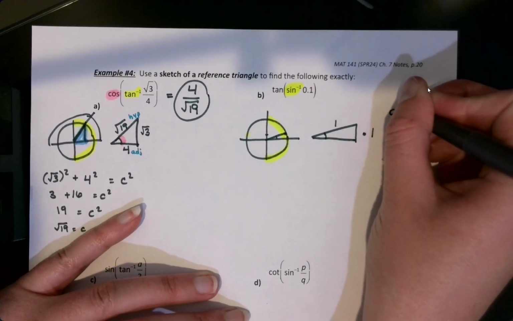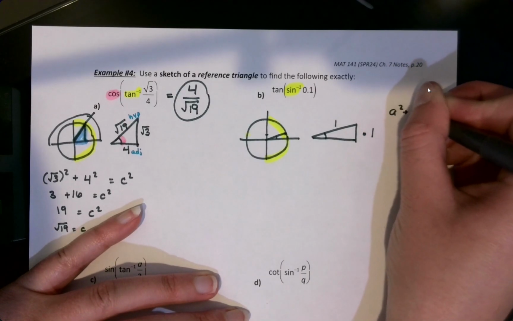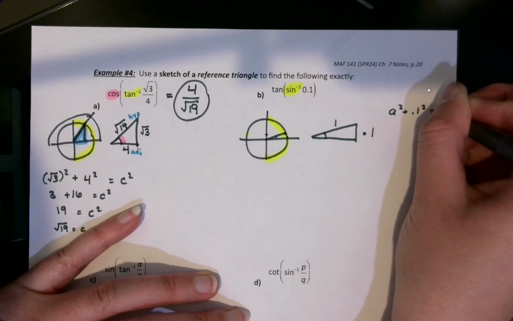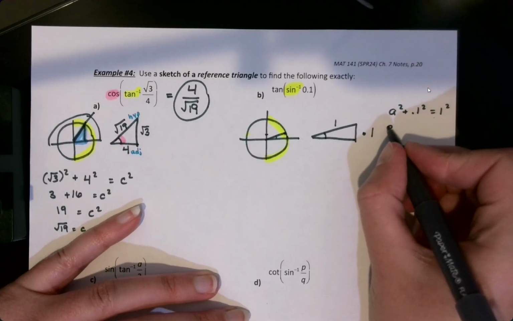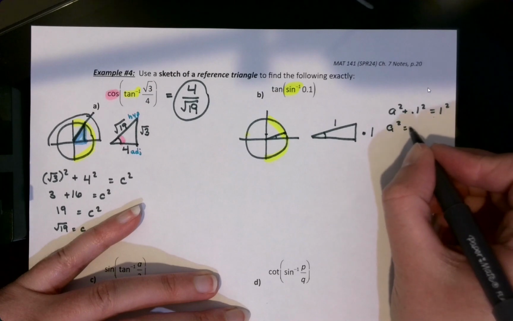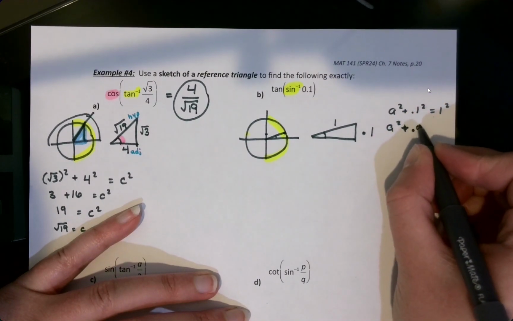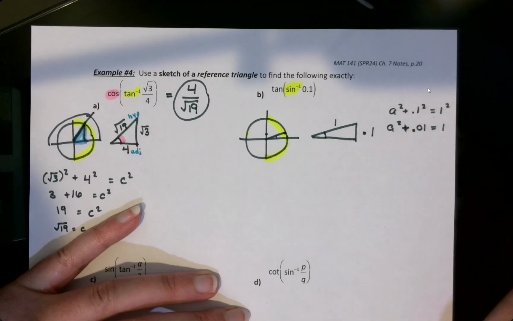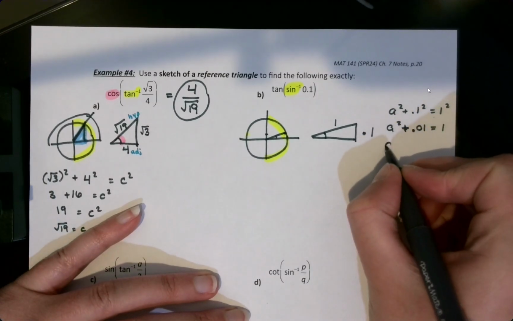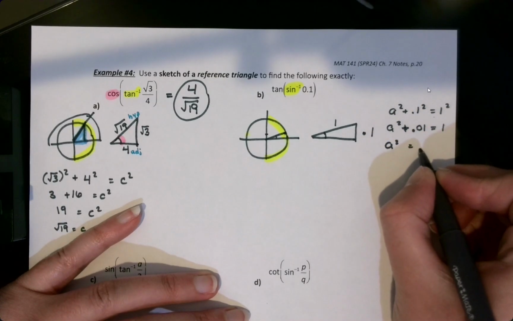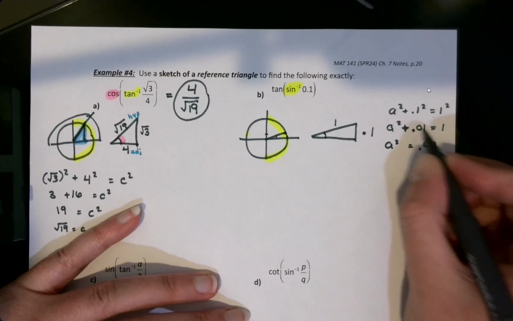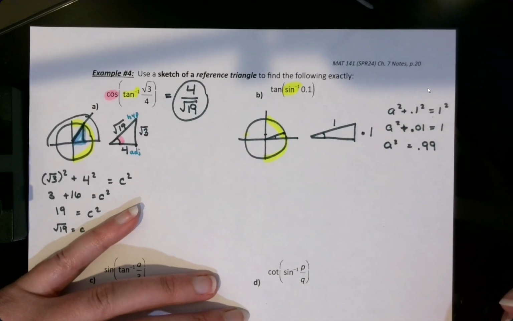So I'll use a squared plus 0.1 squared equals 1 squared. A squared plus, when you square 0.1, you get 0.01. Square 1, you get 1. So a squared is 0.99 when you subtract that over.